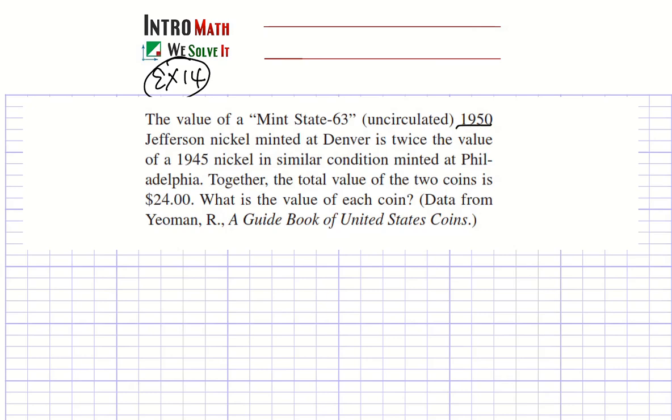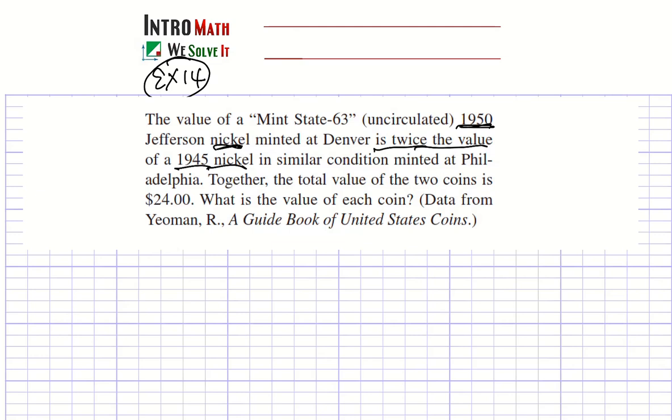So basically, you have the 1950 nickel, I cut out all the words. I don't care where it's minted. It's twice the value of the 1945 nickel. They just put a bunch of words to confuse you. You gotta get through the words.